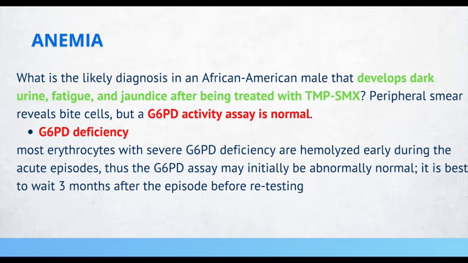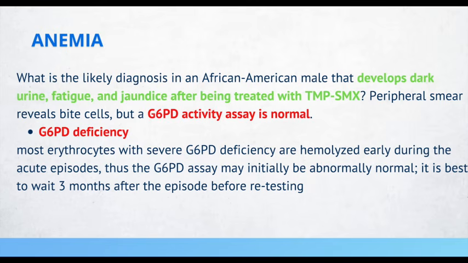So, this is another question that brings out some high yield facts about G6PD deficiency. As previously mentioned, it is commonly seen after patients develop an infection or some sort of stress or start taking new medications. However, you should not be thrown off if you see that the G6PD activity assay is normal.